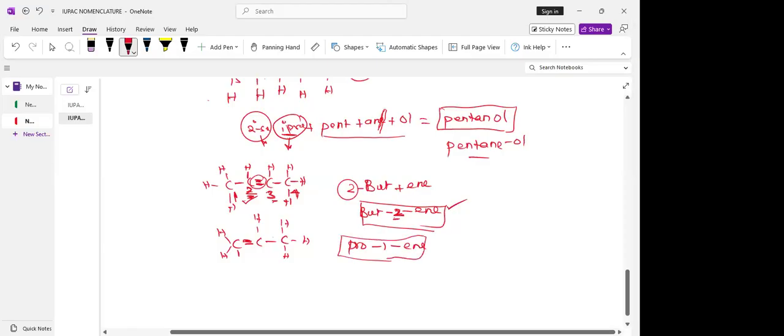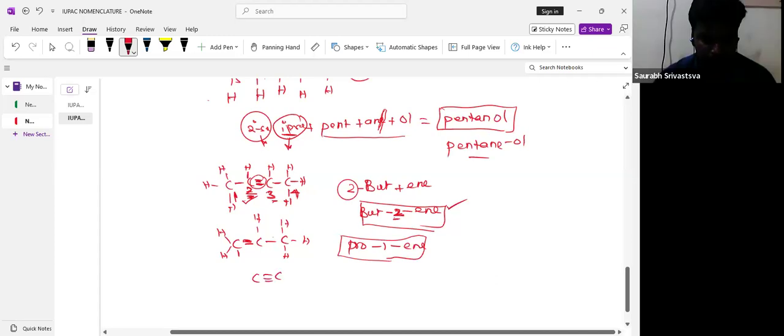Clear, sir? Suppose 3 carbons are present. Sorry, a triple bond is present. Here 1 nitrogen, and here another carbon with 3 hydrogen. Okay. Now here the valency is completed. Here this carbon valency is completed. 1, 2, 3, 4. Again 1, 2, 3, and next 4. So valency completed.